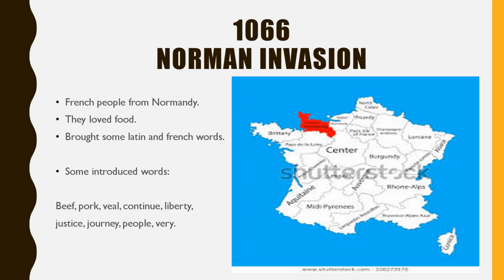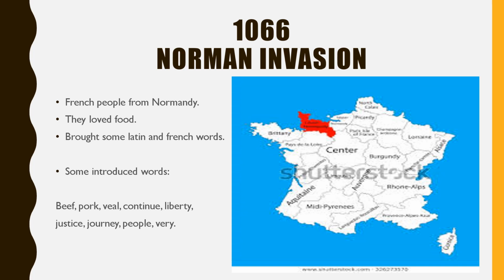Okay, guys. In 1066, there was the Norman invasion. The Normans are people from the north of France. In the picture, you can see the red part. That's a place called Normandy. So, people from there were moving to England and to Great Britain. And as you know, French people love food, so many words that they brought to the English language were related to food.